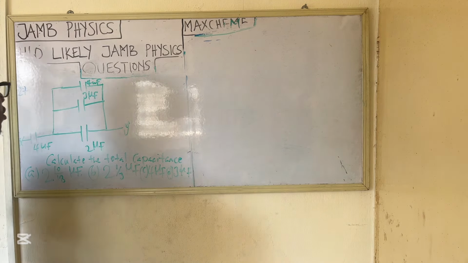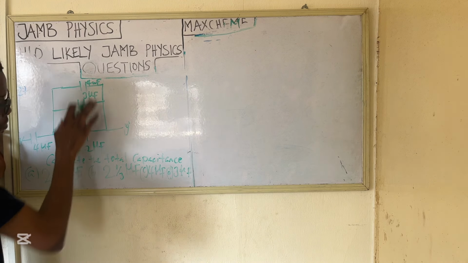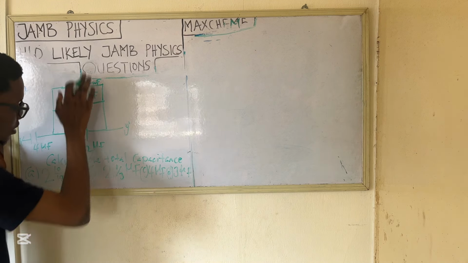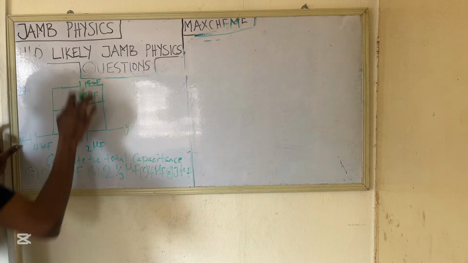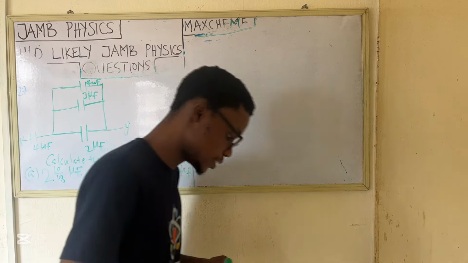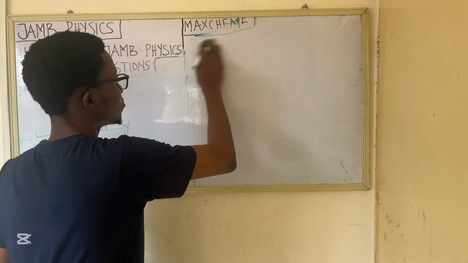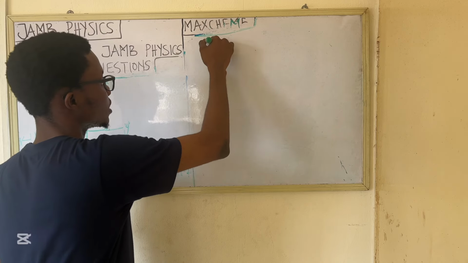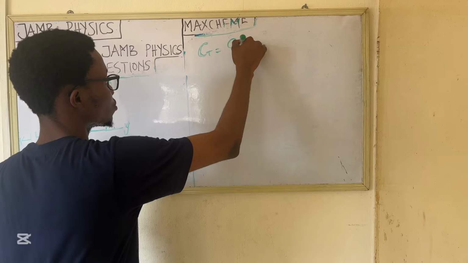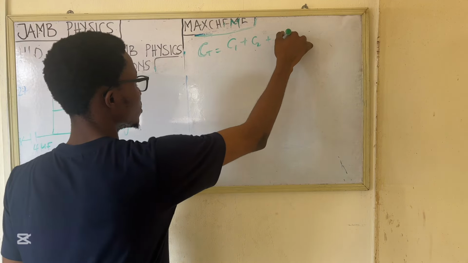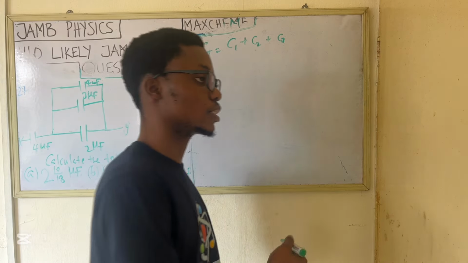Now in this case, we just have to study the arrangement. This is a parallel arrangement, and this is series. For parallel arrangements, the total capacitance is found by adding the capacitances: the first capacitor plus the second and the third, just add them together.